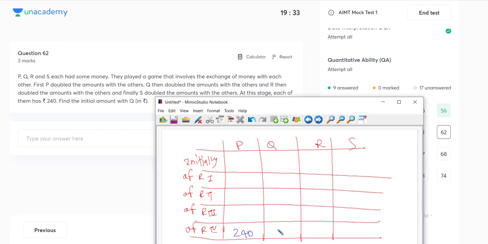At last everyone is having 240 rupees. Over here S doubled the money, which means before doubling P will be having 120, Q 120, R 120, and S will have 360.